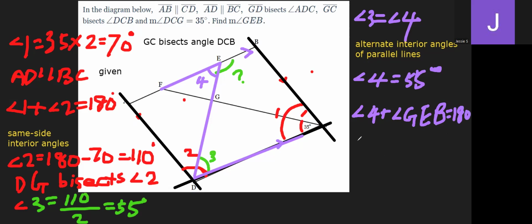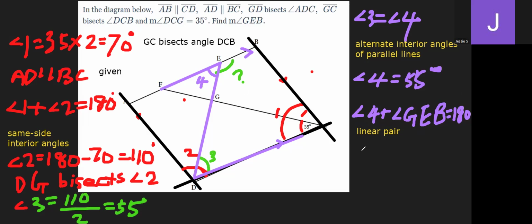Why do they add up to 180 degrees? Because those two angles are a linear pair. A linear pair means these two angles make a straight line, or a 180-degree angle. That's why angle 4 plus angle GEB is 180 degrees.